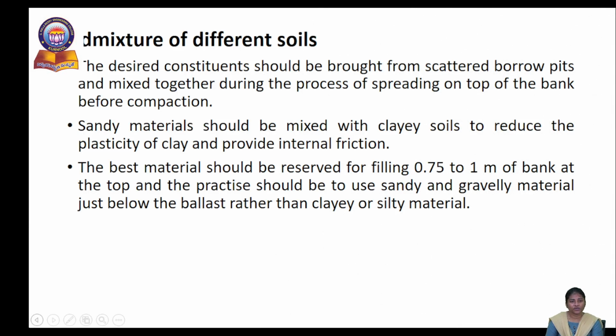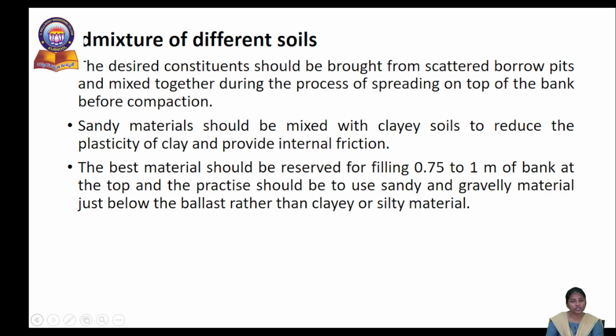First, we can add admixtures to different soils where you are going to provide a railway track. In this, the desired constituents should be brought from scattered borrow pits and mixed together during the process of spreading on top of the bank before compaction.